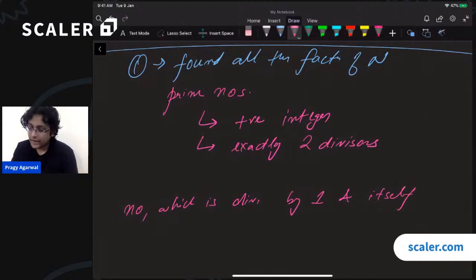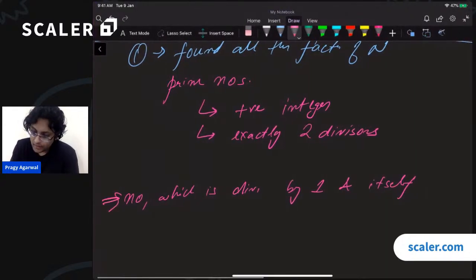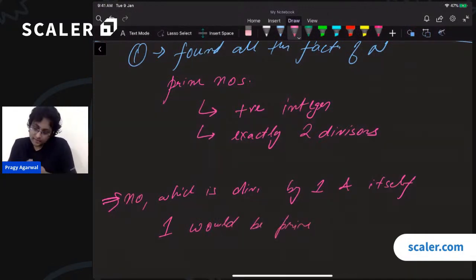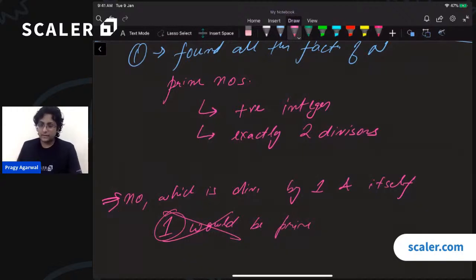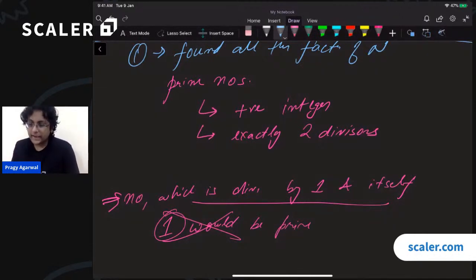If this was the definition of prime numbers, then 1 would be a prime number, because 1 is divisible by 1 and by itself. But 1 is not a prime number. So this is not the correct definition. This is very close, but the correct definition is that it must have exactly two distinct divisors.